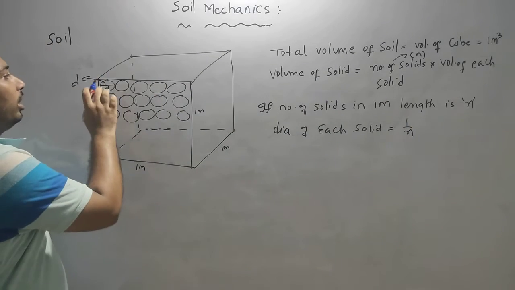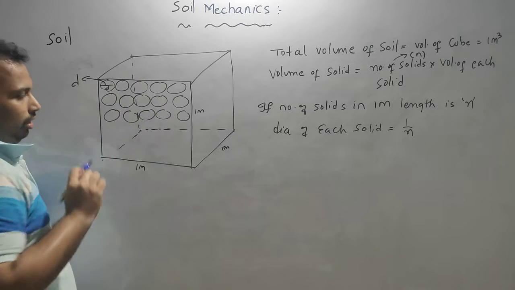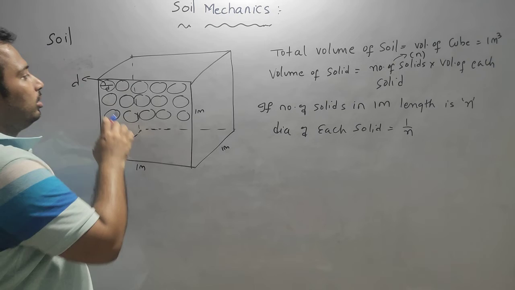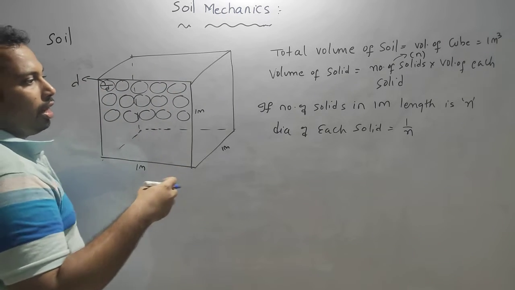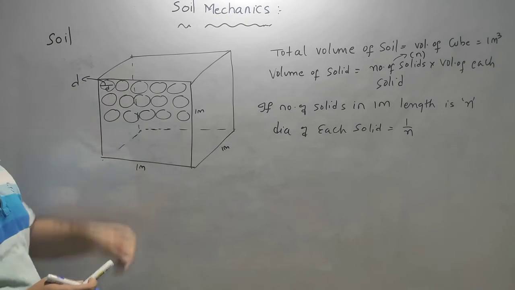If there are n particles, for example 5 particles, all having the same dimension, the same diameter, then what is the diameter of each particle? 1 by 5. Similarly, if there are n particles, then the diameter of each particle should be 1 by n.